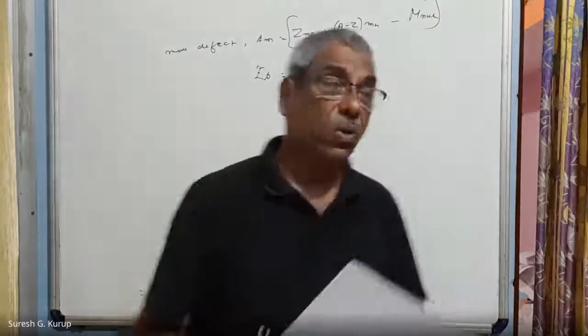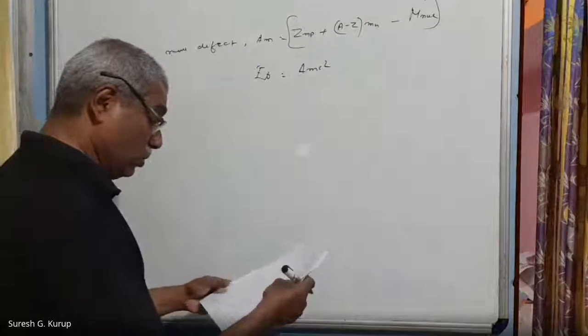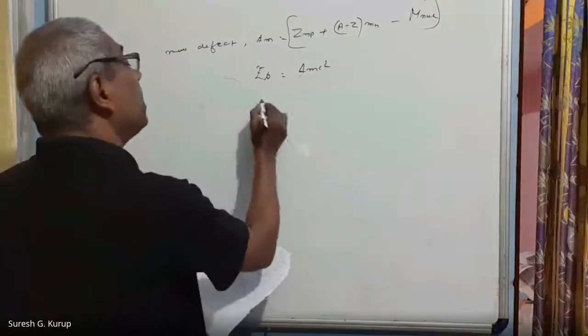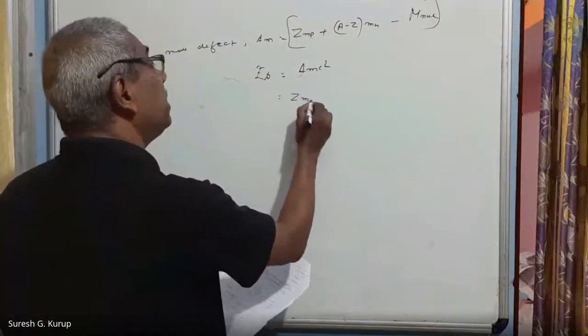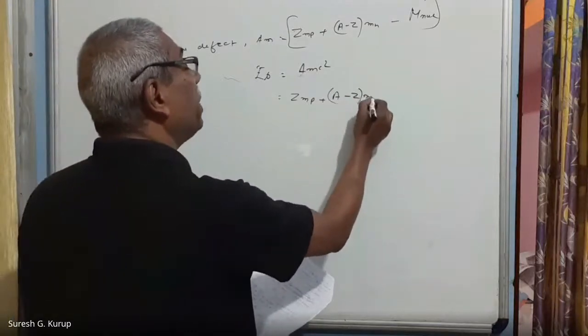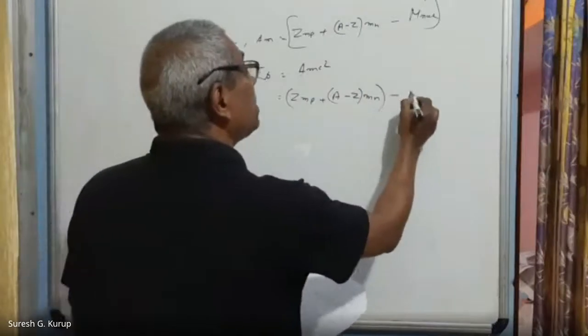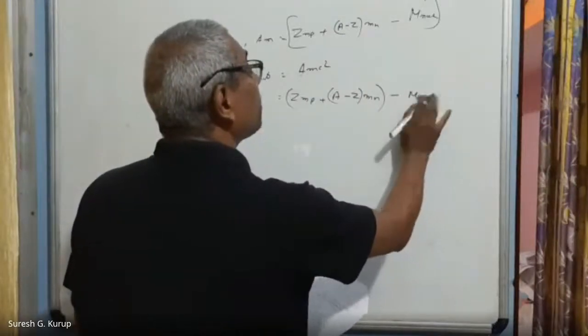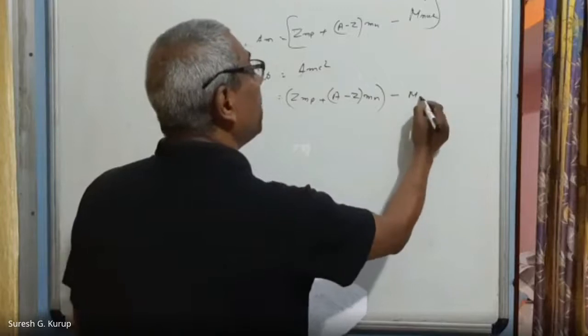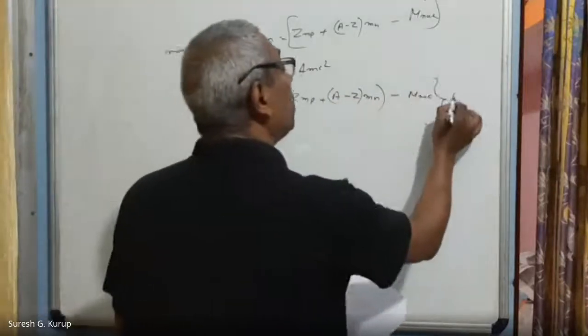EB is equal to delta M into C square. Delta M, everybody knows, is equal to ZMp plus (A minus Z) into Mn, minus Mnuc, the whole into C square.